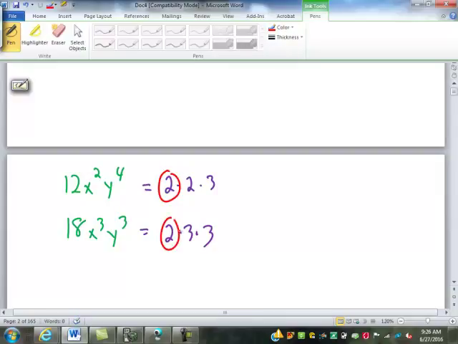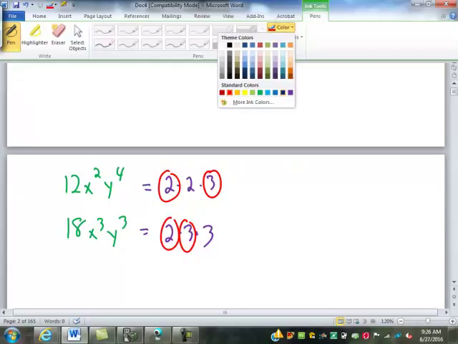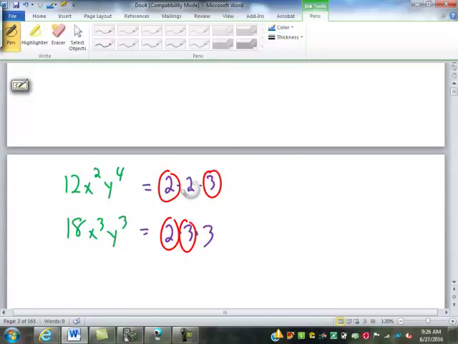I have a 2 and a 3 in common, so I've circled those. This one has an extra 2, so I put a 2 down here. This 3 here, I need a 3 up top. Now my numbers are in common.